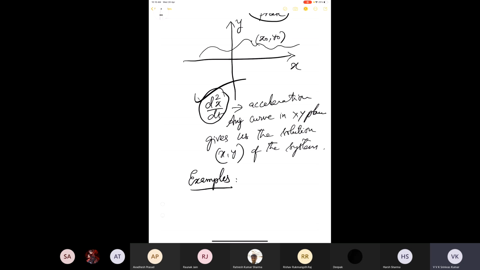Examples of such systems: the motion of a simple pendulum. It is given by d square x upon dt square is equal to minus c upon a sine x.